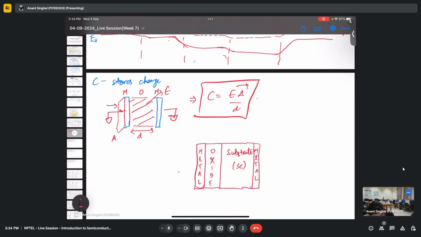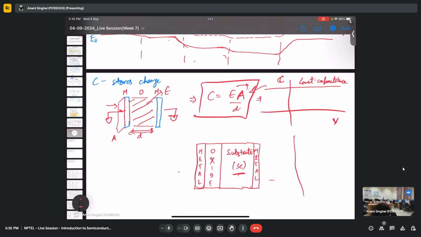For the above case, this capacitance will be constant irrespective of anything. If I plot the capacitance against the applied voltage, we always get a constant capacitance, because it depends upon the geometry of the device: epsilon, the dielectric material property, A, the cross sectional area, and D, the distance between the two parallel plates.